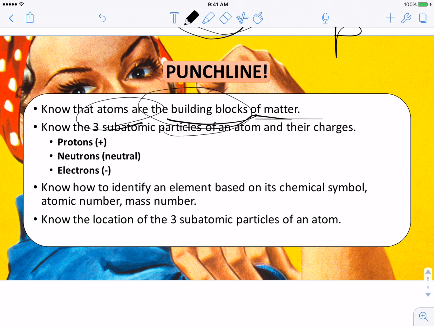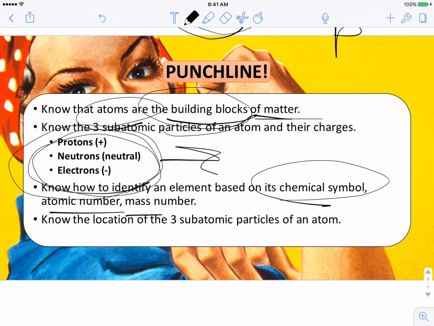Neutrones, or neutrons, no tiene una carga, so they have 0 charge. Los electrones tiene una carga negativa, or they have a negative charge. You need to know that. That is muy importante.